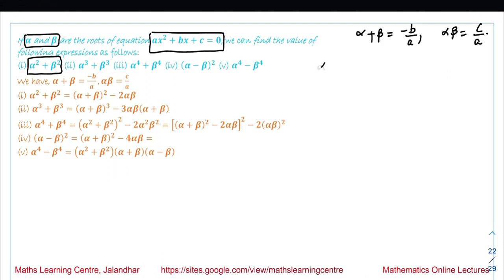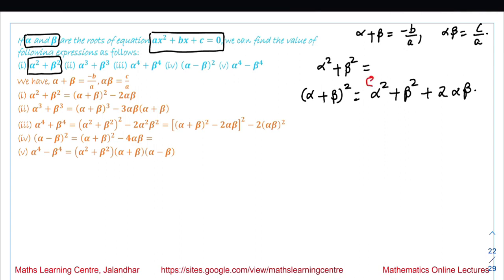We want to calculate the value of alpha² + beta². So we are going to use the formula (alpha + beta)² = alpha² + beta² + 2 alpha beta. This gives us the value of alpha² + beta² as (alpha + beta)² - 2 alpha beta.